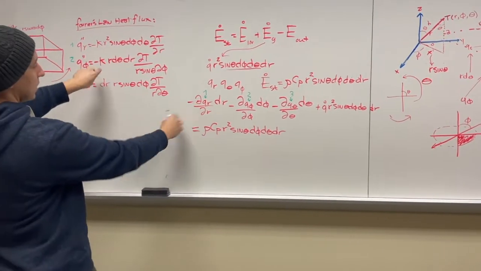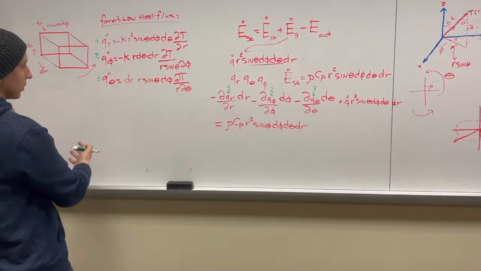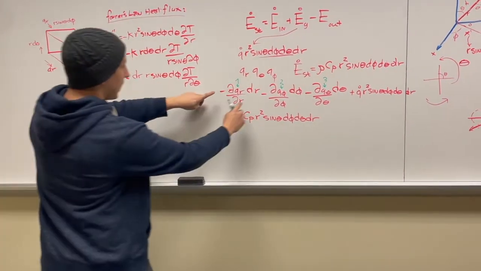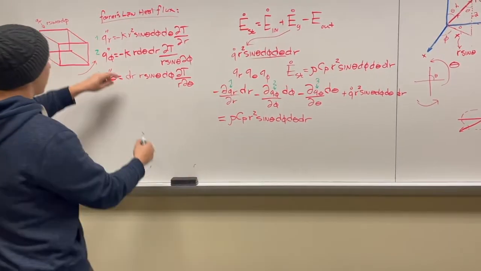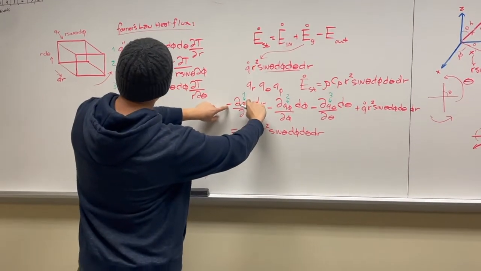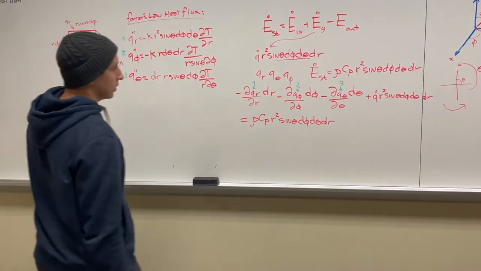And it ends up canceling out when you factor all of this out. And these negatives are also going to come out, because when you put this in, you got this negative and negative.